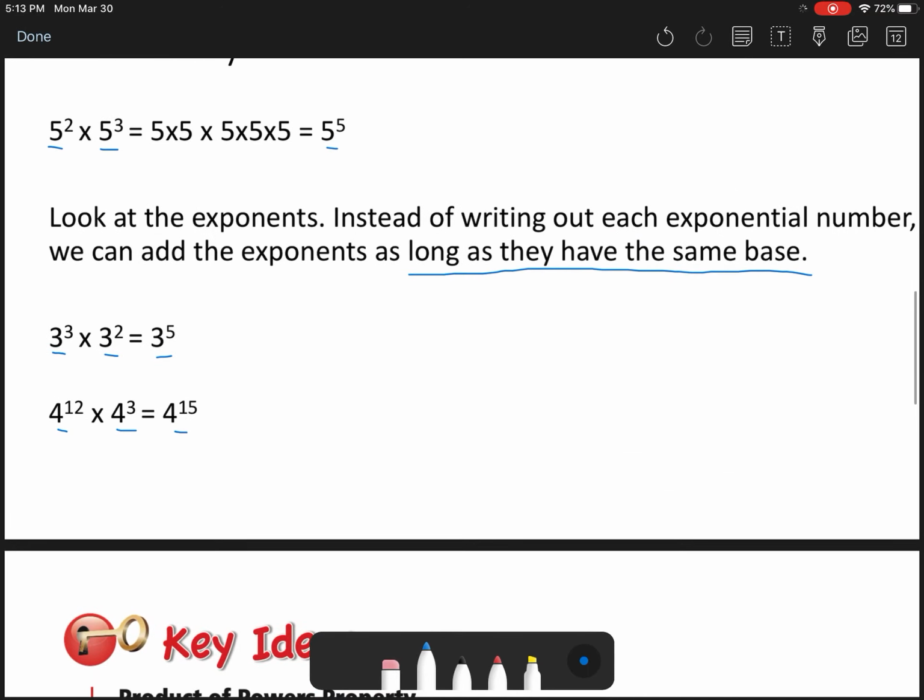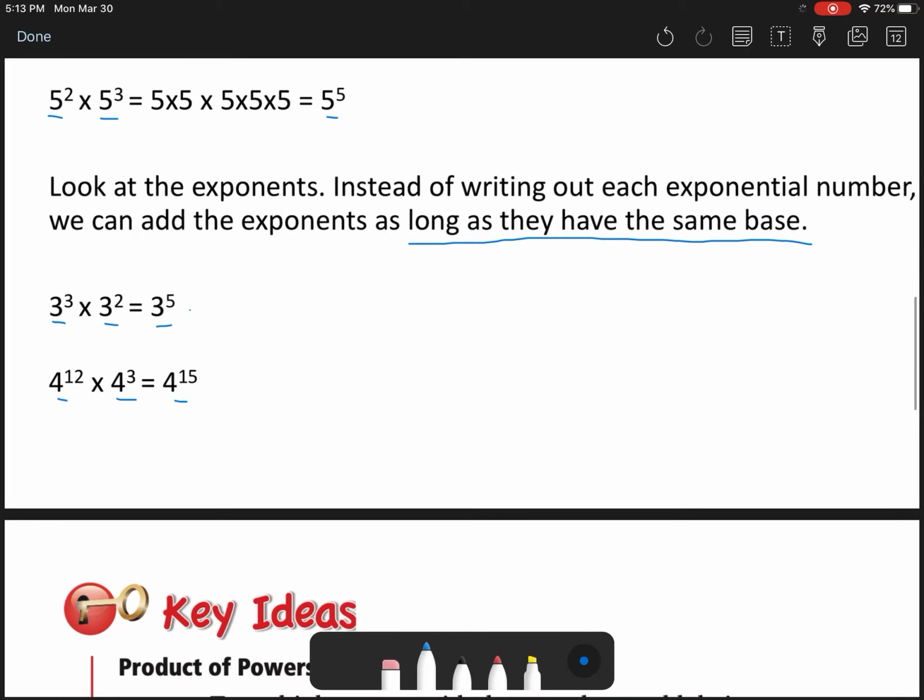For each of these, 3 to the 3rd times 3 squared is equal to 3 to the 5th. 4 to the 12th times 4 to the 3rd is equal to 4 to the 15th. We are just adding those exponents to get to the exponent in our answer.